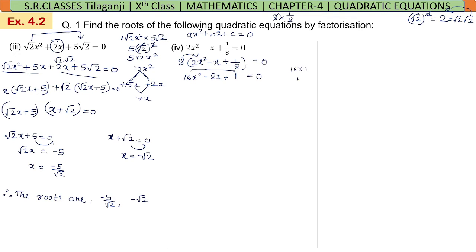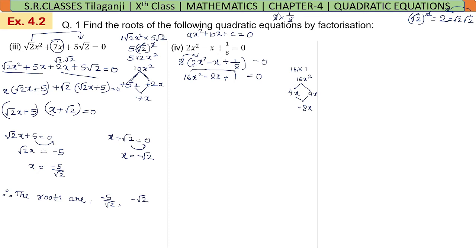So multiply here, 16 into 1 equal to 16x square, and now we need to write factors of 16 in such a way that when you multiply you should get 16, and when you add or subtract you should get minus 8x. Yes, now take any number here, that is 4 4s are 16, 4x and 4x I'll take. 4 4s are 16 I'm getting, and now 4 plus 4 will be 8 but with a negative symbol.